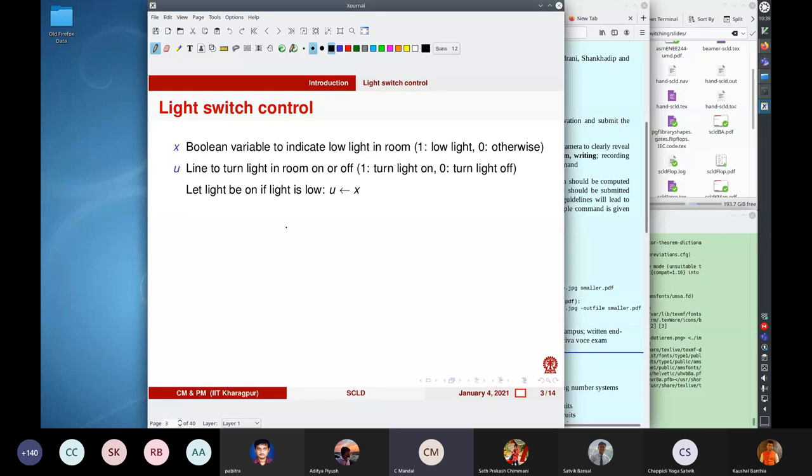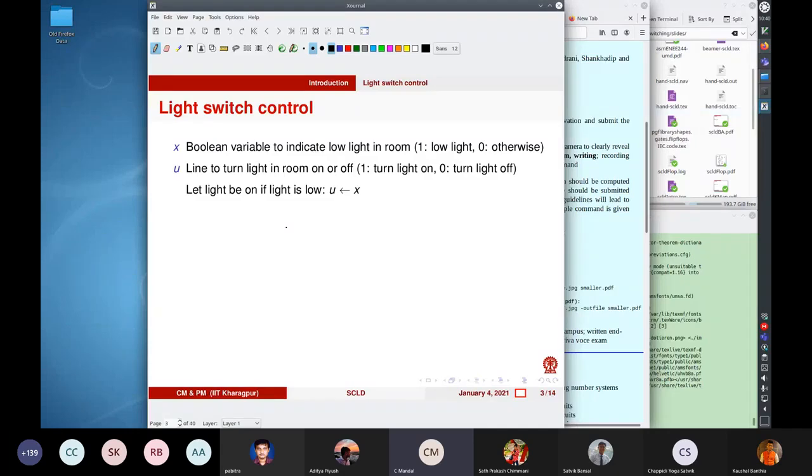So the Boolean variable x takes on a logical value. When you do this abstraction, we say that it takes on the logical value. We don't talk about the actual voltage. So it takes the logical value 1 to indicate low light and 0 otherwise.